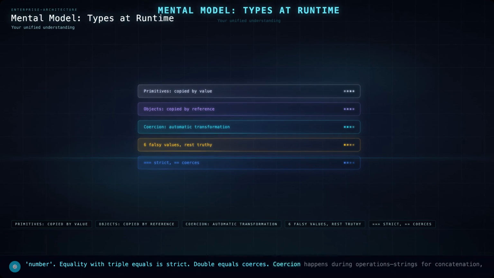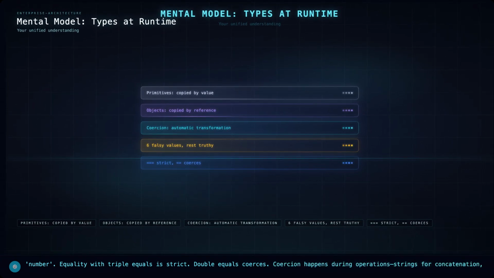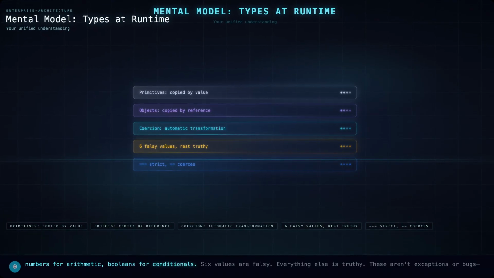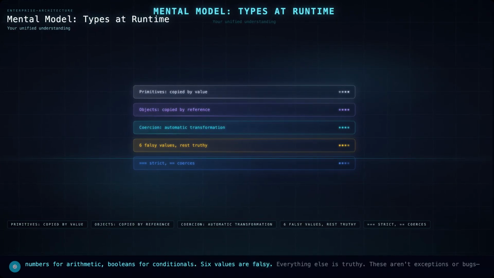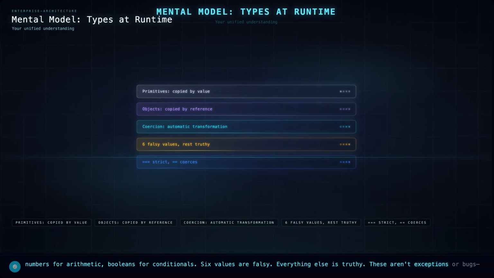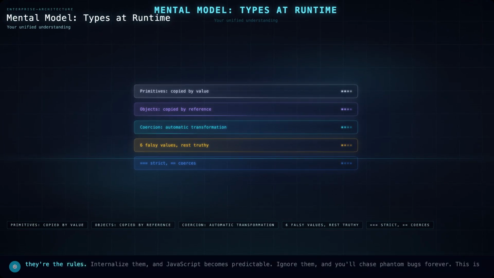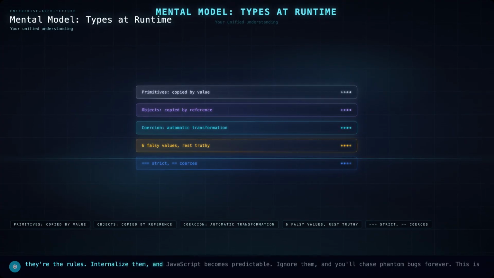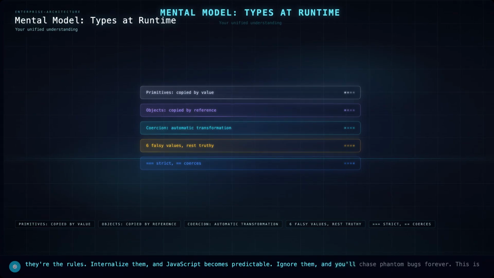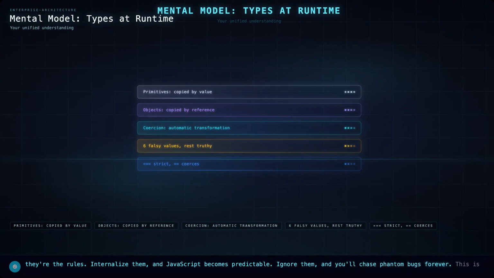Coercion happens during operations. Strings for concatenation, numbers for arithmetic, booleans for conditionals. 6 values are falsy. Everything else is truthy. These aren't exceptions or bugs. They're the rules. Internalize them, and JavaScript becomes predictable. Ignore them, and you'll chase phantom bugs forever.